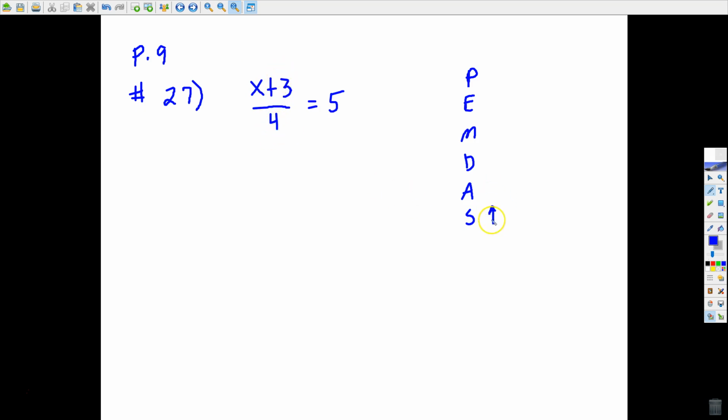So I just want you to go ahead and start phrasing this out using this same progression, starting at the bottom of PEMDAS and then working your way up.